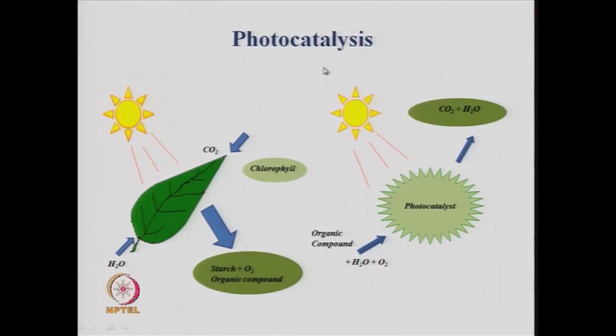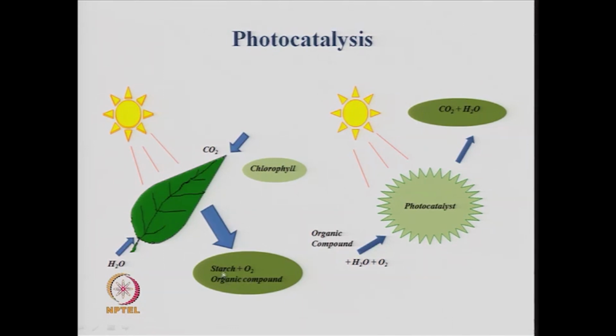So, what is photocatalysis? In a schematic view, this is the process of photosynthesis, where photocatalysis is taking place. So, you have this green leaf which has this chlorophyll which absorbs this solar radiation, which acts like an antenna and then picks up the photons from the solar energy, and in the presence of carbon dioxide and water it gives rise to starch and oxygen.